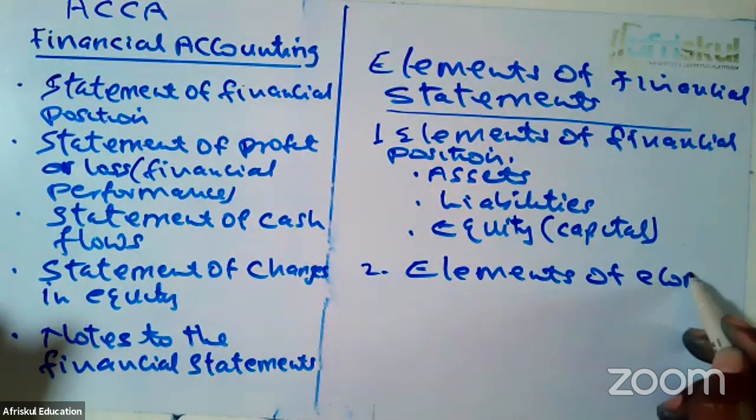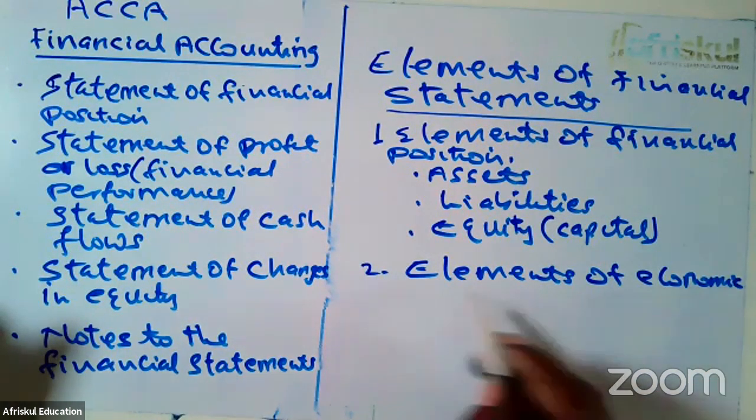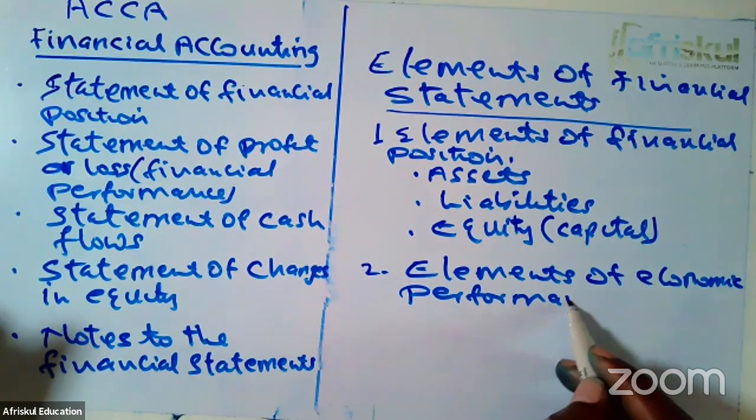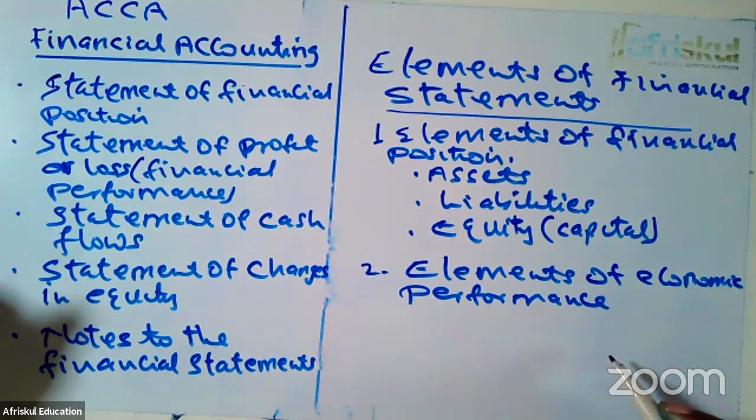Then we have the elements of economic performance of the business. Economic performance of the business, in other words, profit or loss. So when we are calculating the profit or loss of the business, we must use certain terms.